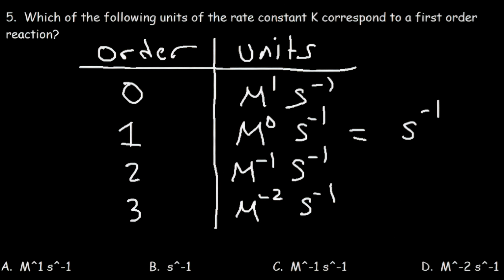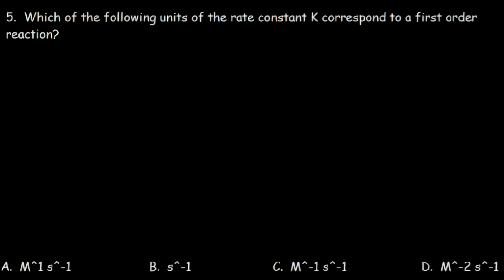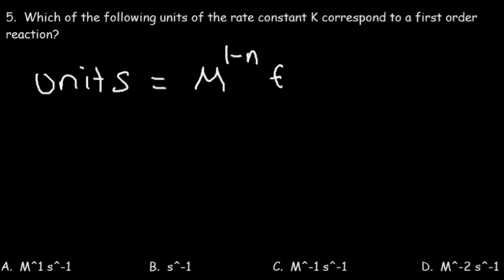So if you want to write a general equation that you can just plug in and get the units, it's going to equal M raised to the 1 minus n, and then time raised to the negative 1, or t to the negative 1. So n is going to be the order of the reaction, the overall order.